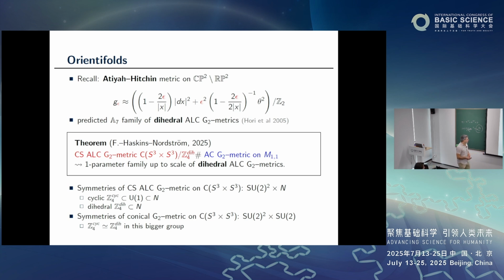So then the theorem is basically, again, you start with some approximate G2 holonomy metric, and you need to prove that nearby there exists a true solution.